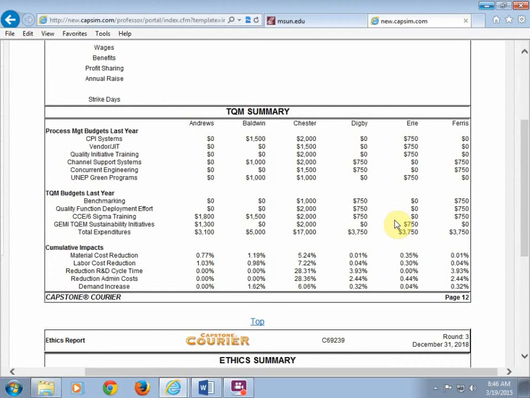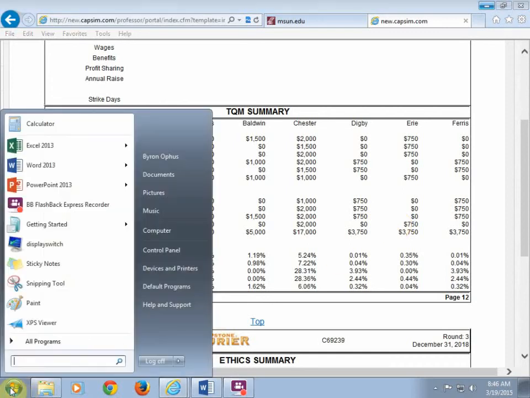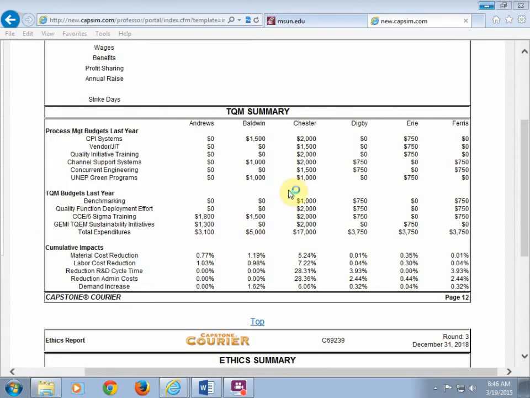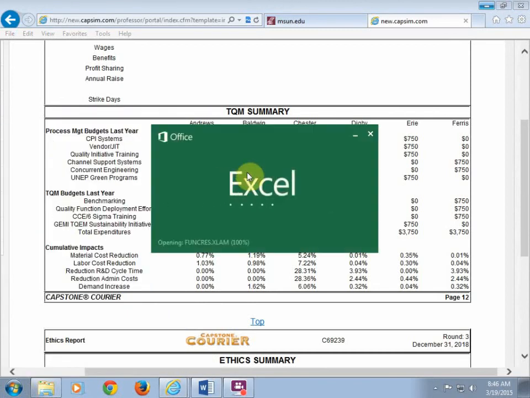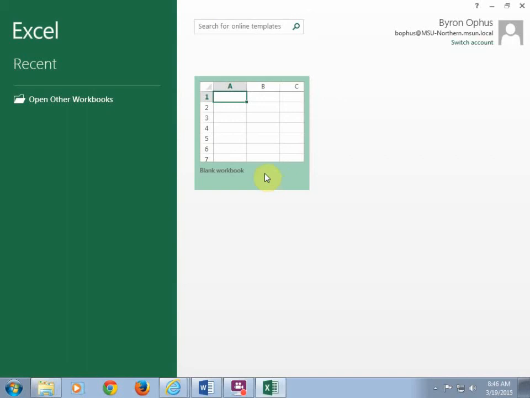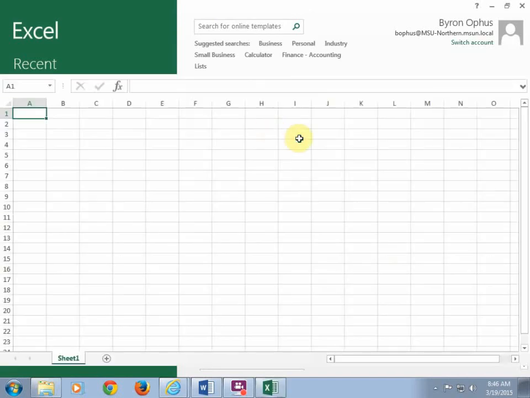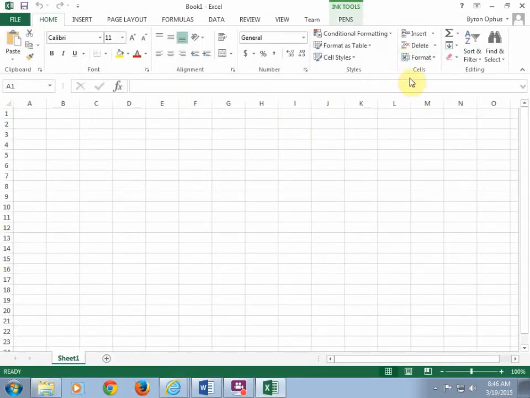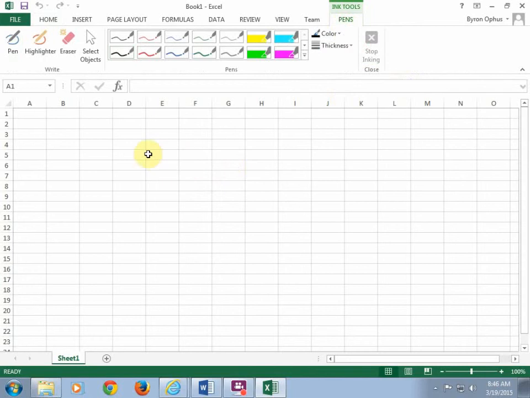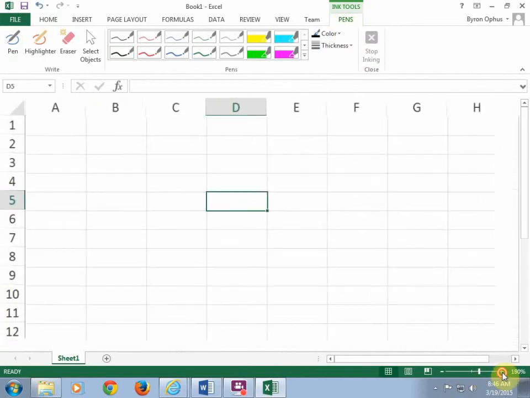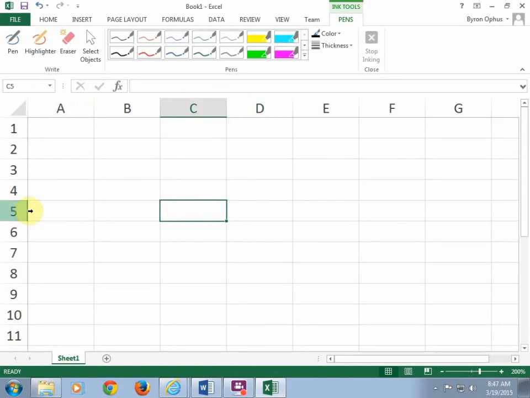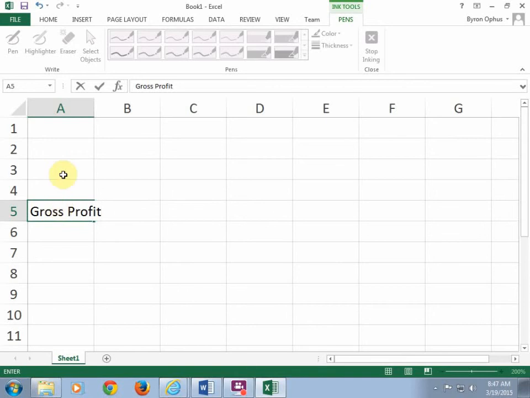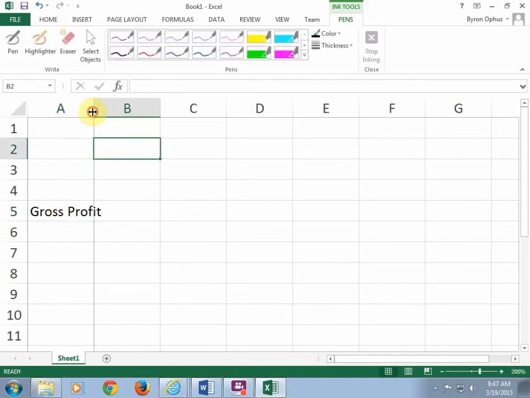Everybody's looking at me like they're really, really stumped. I'm going to open up Excel and maybe do a little something in Excel. This is going to be an oversimplification, okay?